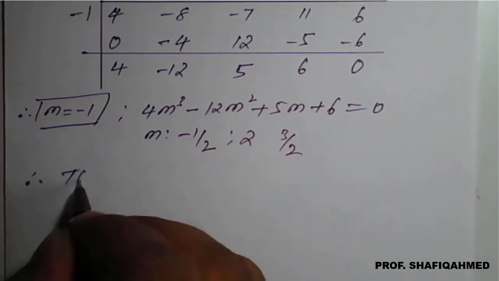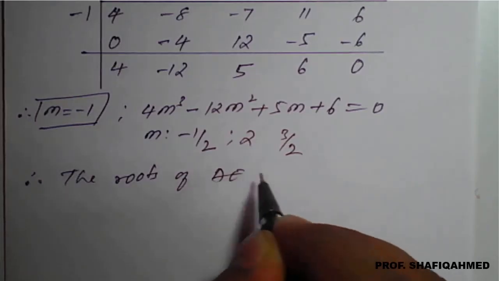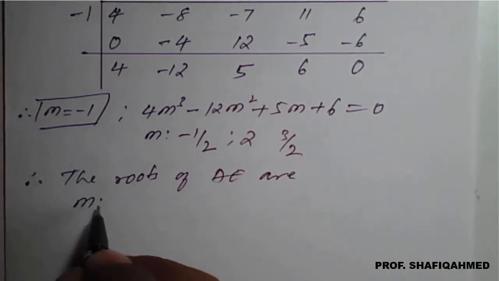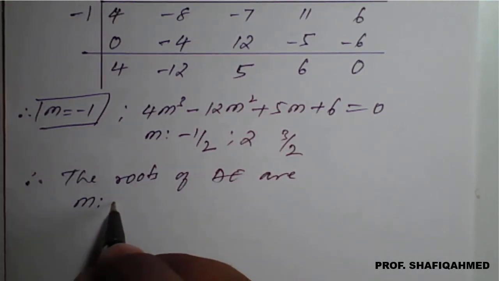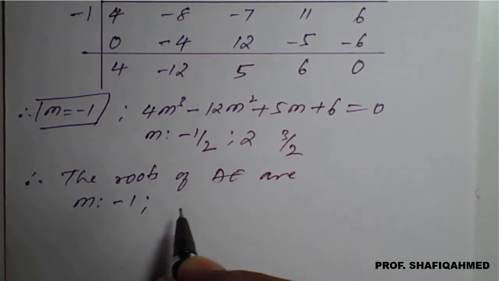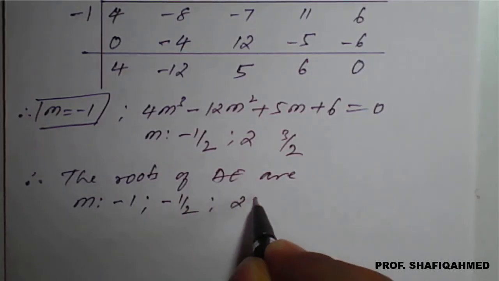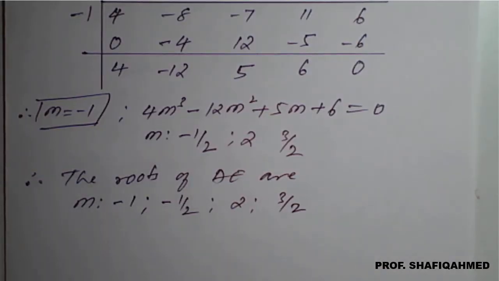Therefore the roots of the auxiliary equation are m = -1, then -1/2, 2 and 3/2. You can take them in any order, it's left to you.